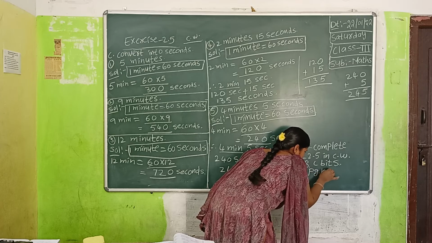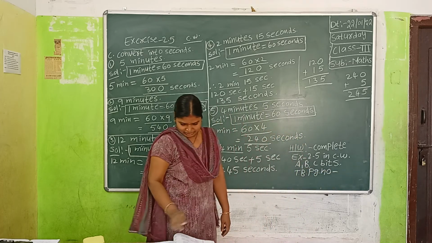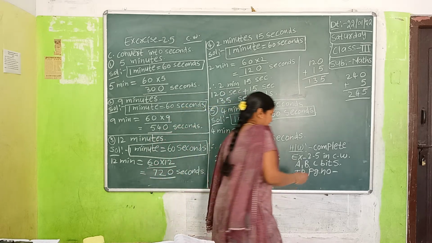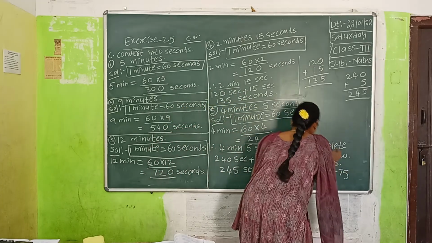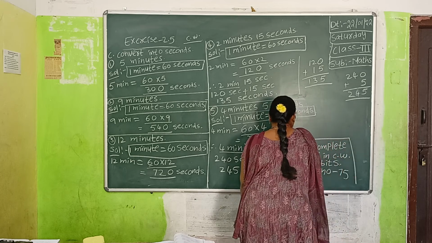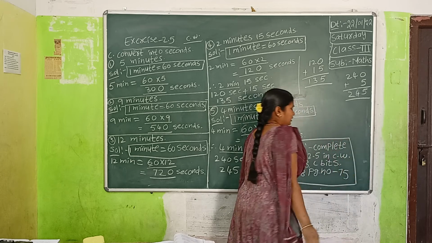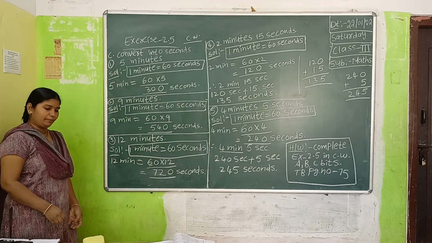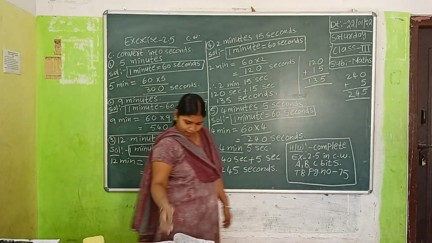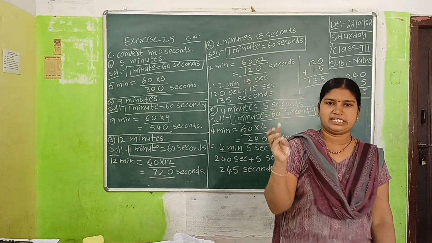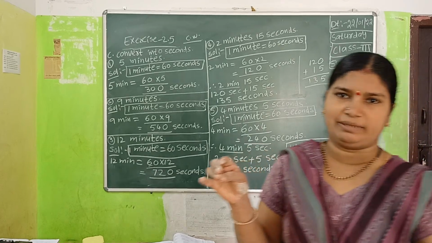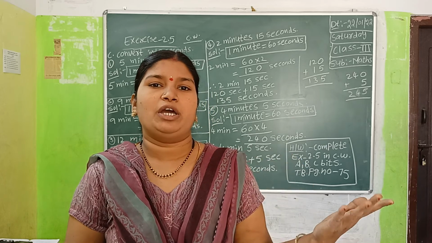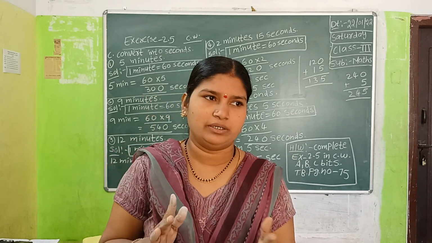Textbook page number, what is the textbook page number? 75. Okay? A, B, C, 3 bits, hard to complete all the problems now. Only I gave 4 problems as homework: 6, 7, 8, 9, A bit, B bit, C bit. If you finish this, our chapter is over. Tomorrow we will start the new topic. Okay?